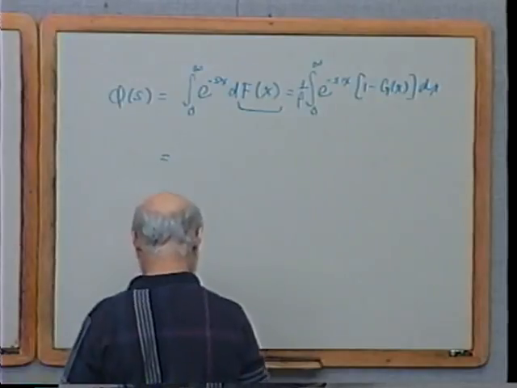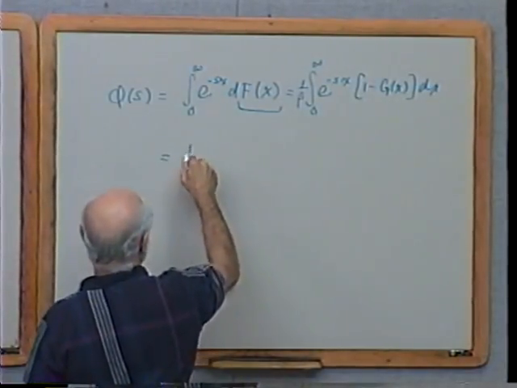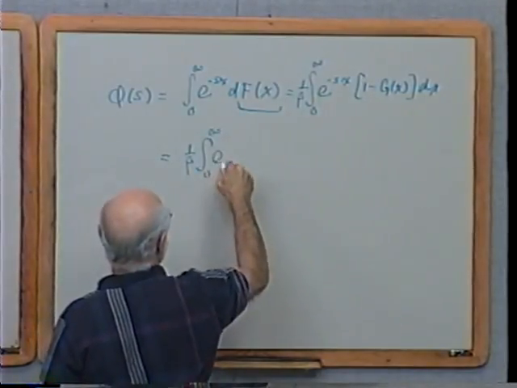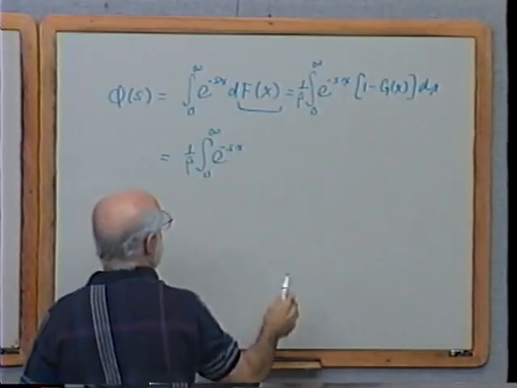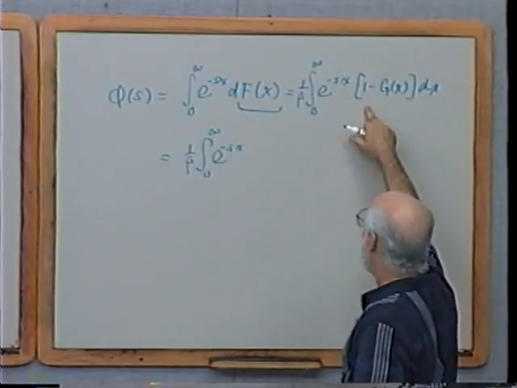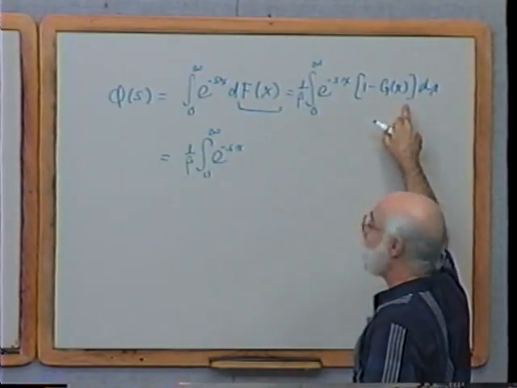Okay, so what I'm left with then is this. Now let's see. That's 1 over beta, integral from 0 to infinity, e to the minus sx. And then I notice that if g is the distribution function of a random variable, then 1 minus g is the probability that it is greater than x.